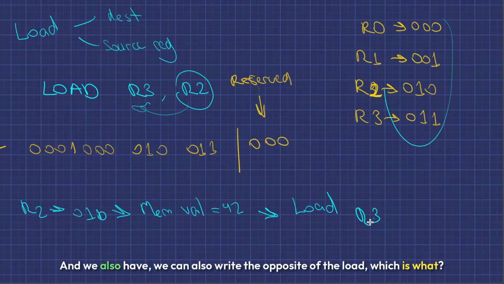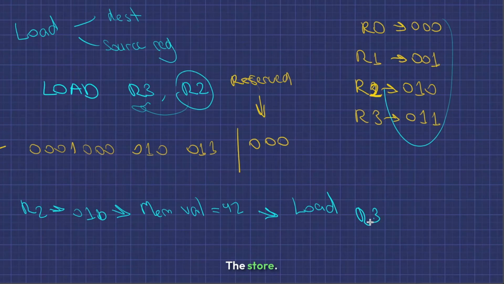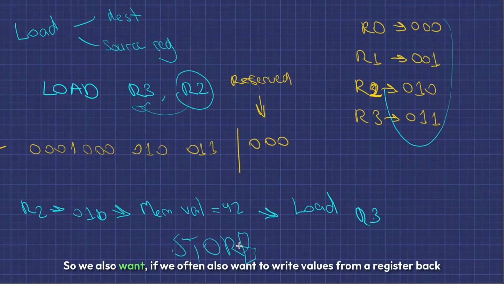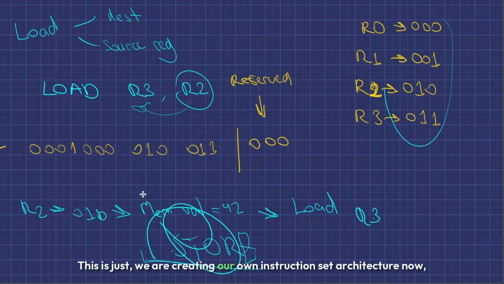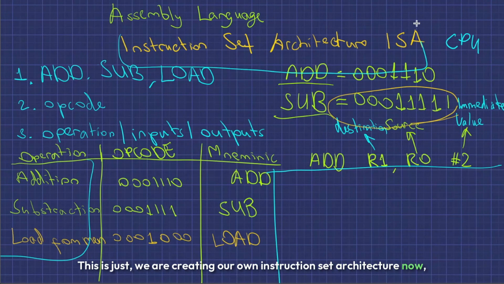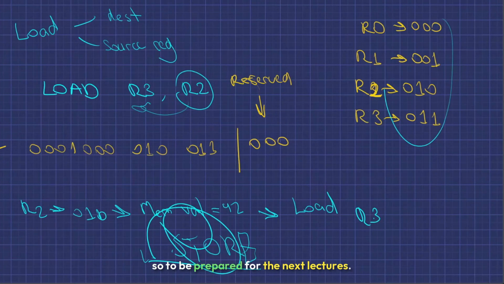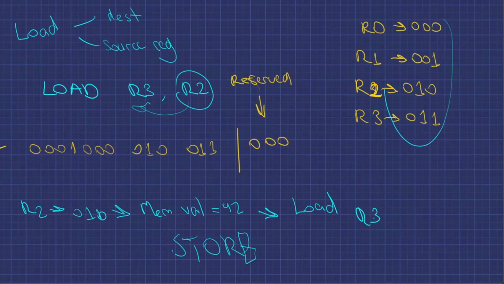And we can also write the opposite of the load, which is the store. We often want to write values from a register back into memory. This is done using the store instruction. I'm saying that hypothetically, since we are creating our own instruction set architecture now, to be prepared for the next lectures.